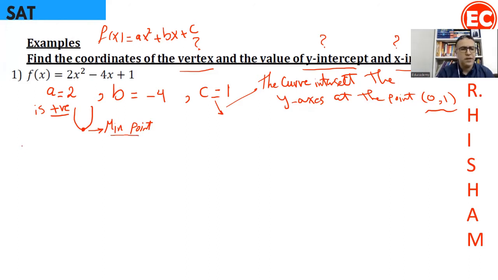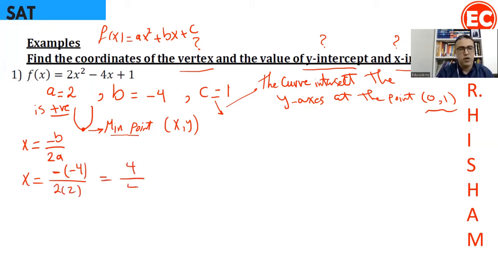Let's find it. To find the vertex or the minimum point x and y, first I'm going to replace x with negative b over 2a. So x is equal to negative -4 over 2 times 2, so it's equal to 4 over 4, which is equal to 1.